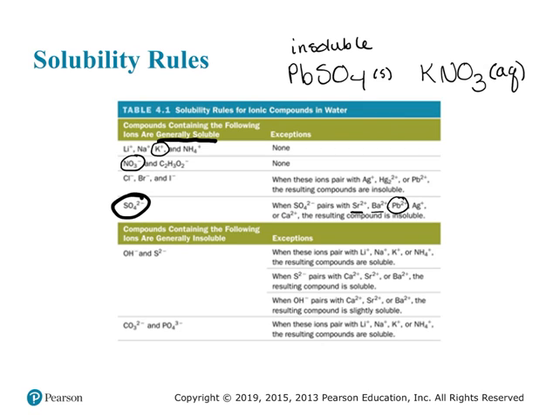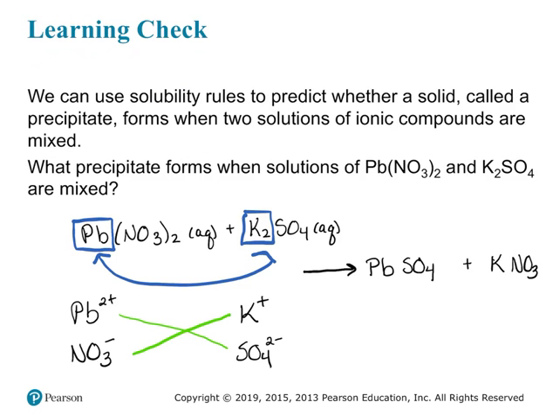So this would be aqueous, or dissolved in water. Let's go back and put an S in parentheses next to lead sulfate, and we'll put aqueous in parentheses next to potassium nitrate.